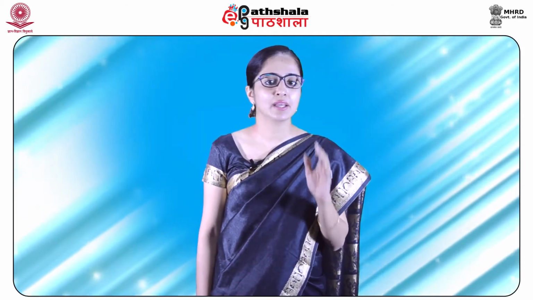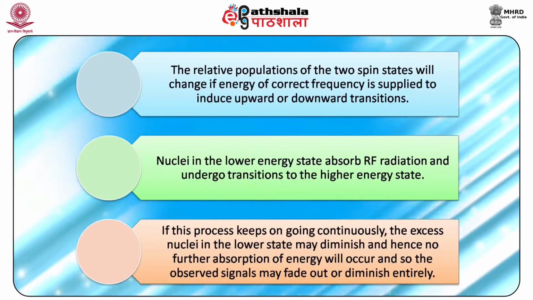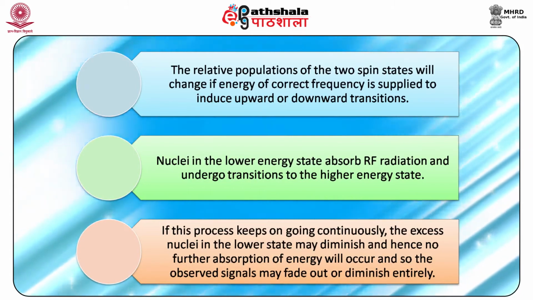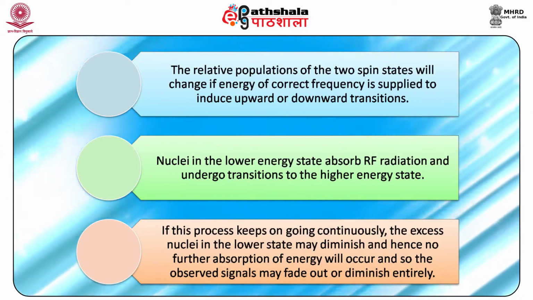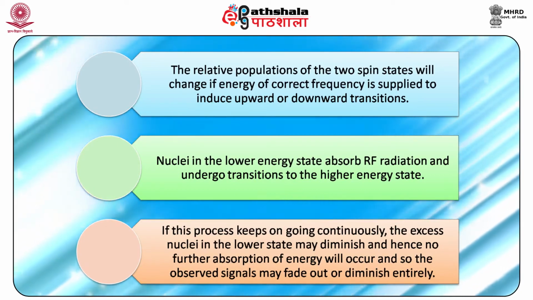Because the energy difference is so small, the population of nuclei in the two states is nearly equal. However, the lower energy state always has a slight excess population over the higher energy state. The relative population of the two spin states will change if energy of correct frequency is supplied to induce upward or downward transitions.